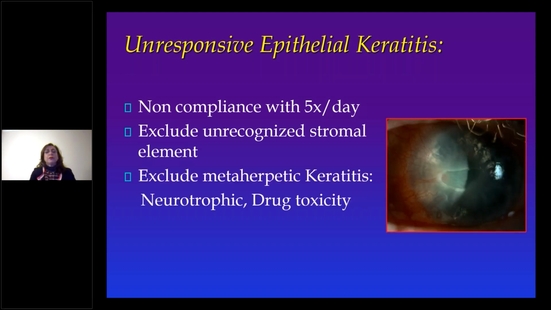And then also, if you have metaherpetic keratitis due to neurotrophic ulcers, or if you have drug toxicity, because the antivirals can be very toxic to the epithelium, so that also is a cause of unresponsiveness. And the last is the resistance. So we don't think of resistance as a first option. We have to exclude all the other causes before we think of resistance.